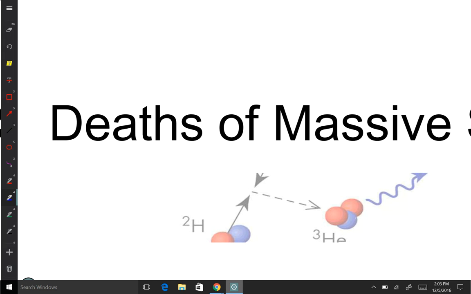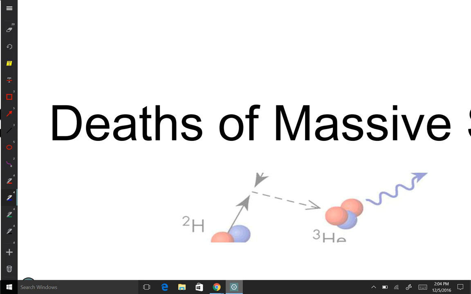It'll just smoothly start fusing helium. But less than 2 solar masses, it will become degenerate. That means the electrons can't be compressed anymore before it reaches the temperature and pressure necessary to fuse helium. And then when you finally do get enough compression to fuse helium, the whole thing goes at once. So we've got up to 2.